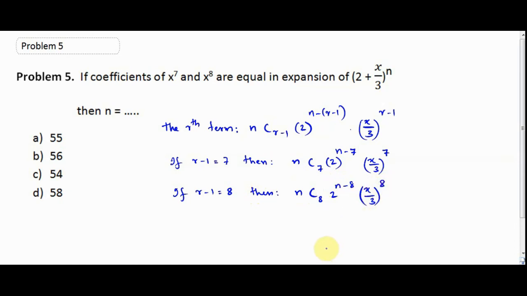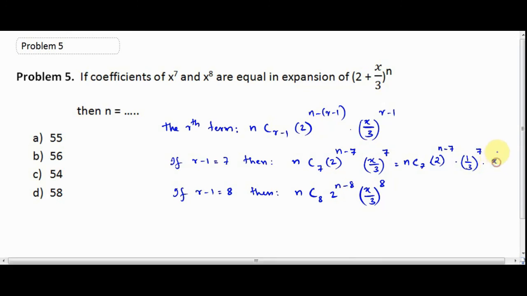So it is said that the coefficients of x raised to 7 and x raised to 8 are equal. So we may expand this term like this: nC7 into 2 raised to n minus 7 into, here we have 1 by 3, so that constant term we can take outside, (1/3) whole raised to 7 into, what is left out is x raised to 7.